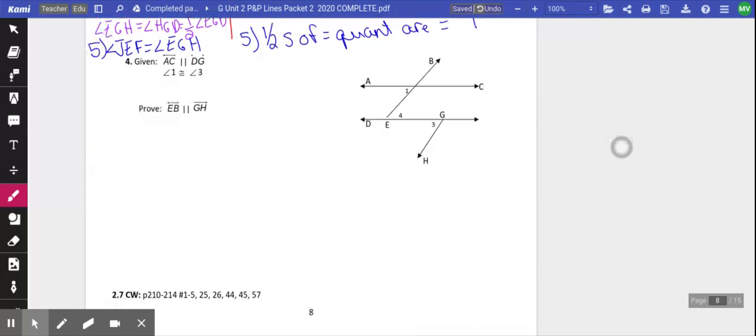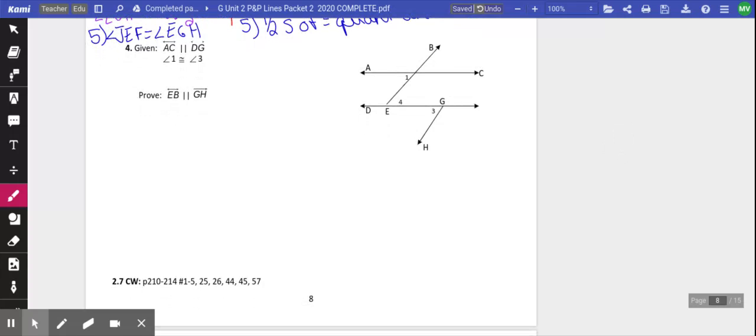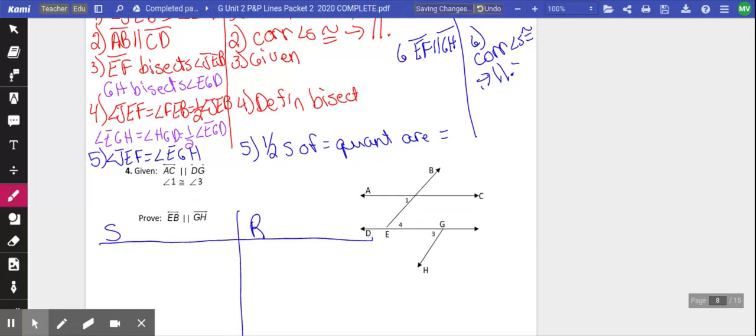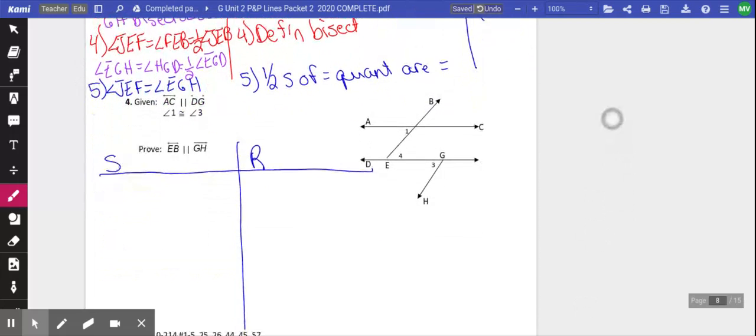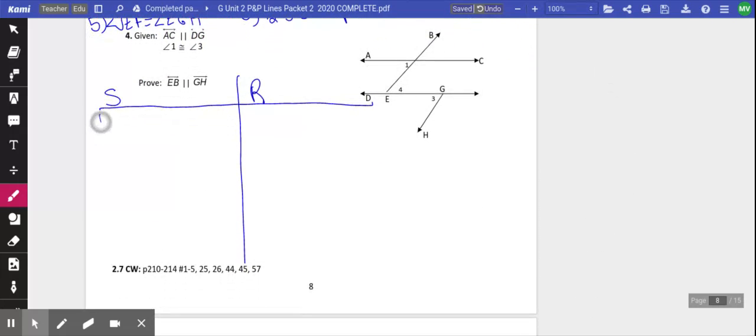So last one, number 4 here. So number 4, again, we have our statements and our reasons. And notice back here, I never actually used what I said in step 2, but that's okay. So we know that AC is parallel to DG. And we know that 1 is congruent to 3. And that's given.